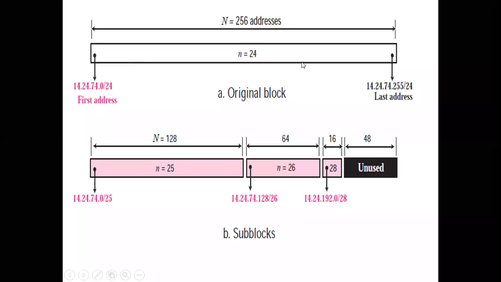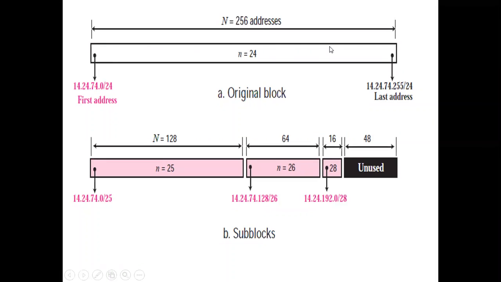This is the main network. The main network with n equal to 24, which is given already in the problem, and capital N you calculated as 256. Means these are the 256 machines you are having. These machines you are dividing into three different departments. Whenever you are dividing, you cannot get three partitions. You always will get the partitions in powers of 2. So that's why here you can see 1, 2, 3, 4 partitions are there.